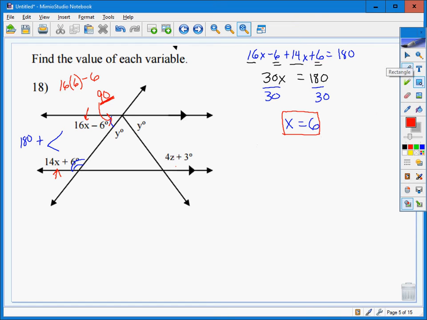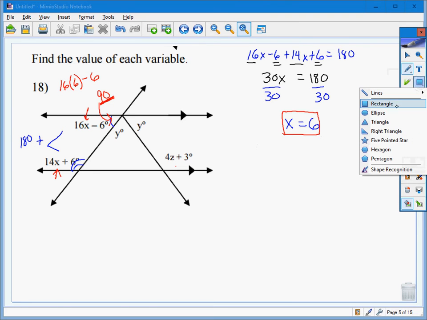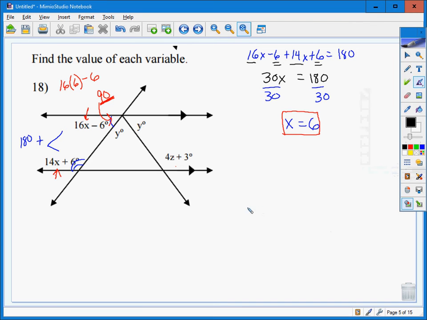In fact, I would say that the picture would be better had it been drawn to look more maybe like this. But the concept is the same of how we'd set it up.